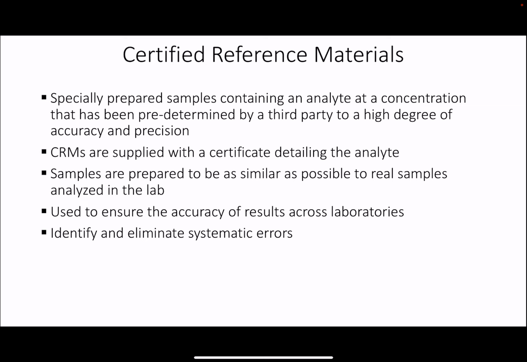Well, if we both measure the CRM and we have that little piece of paper, that certificate that says the CRM is exactly 50, and I get a value of 50 and you get a value of 60, then we know there's a problem, right? That overestimate in your sample analysis, you're also doing that same overestimate in the CRM. And so there's a problem with that measurement in your lab. So certified reference materials really help you get at really giving you confidence that your accuracy, not precision in this case, this is about accuracy, that your accuracy is as high as possible.